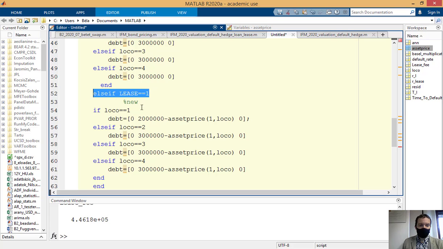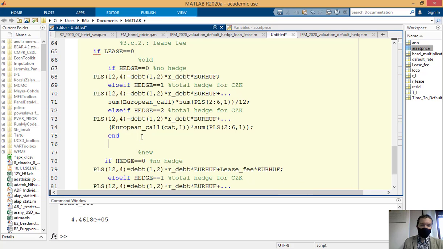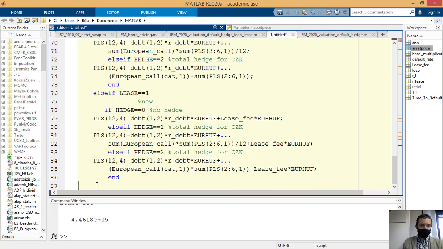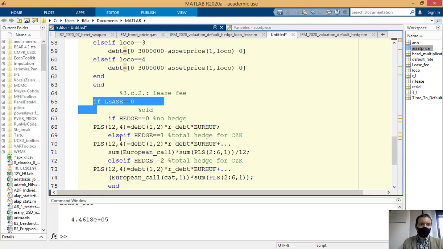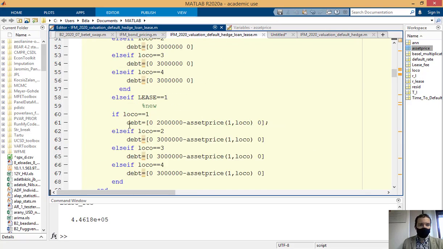Is 0, is 1, and it is supposed to move to the profit and loss statement.